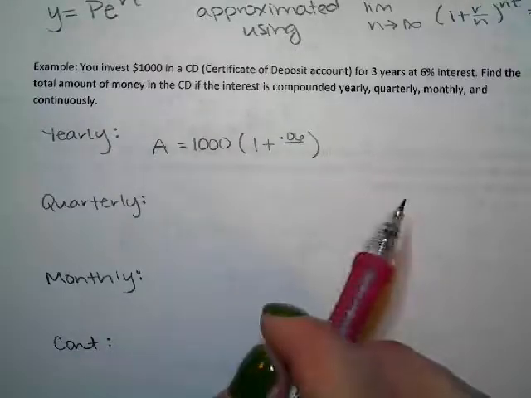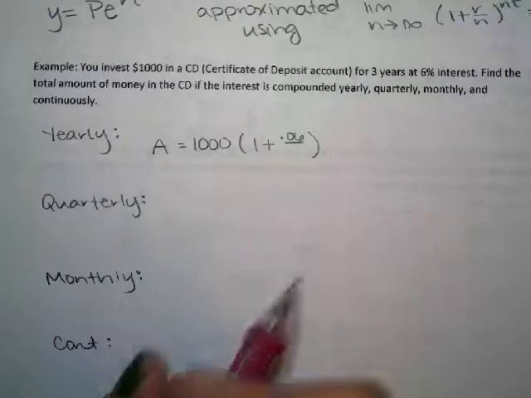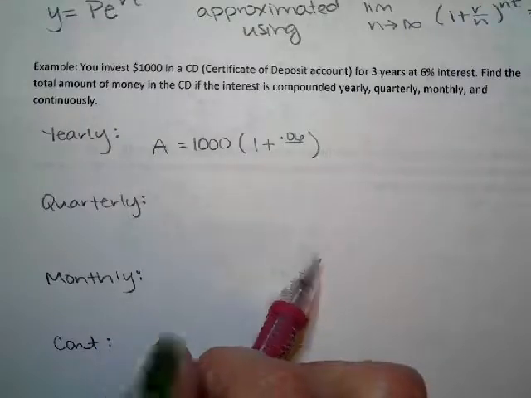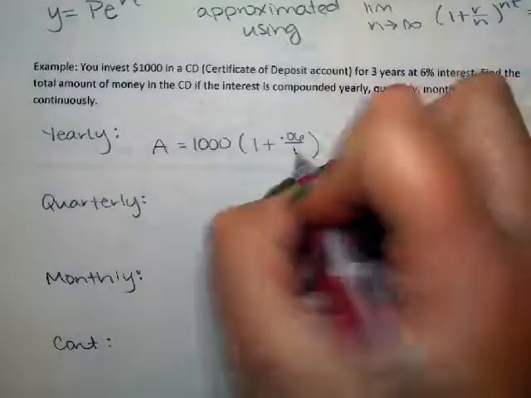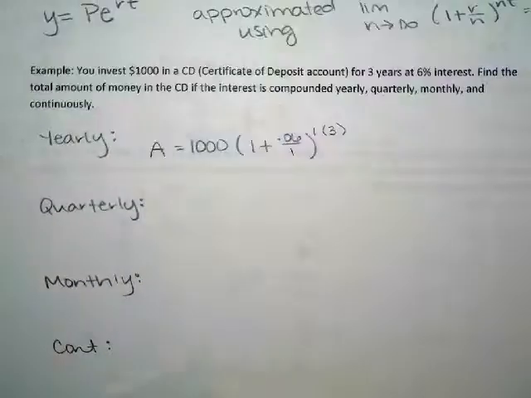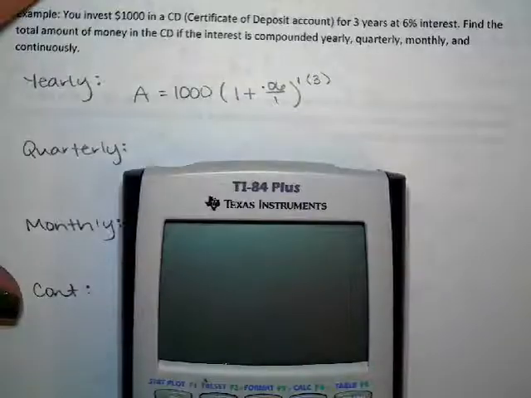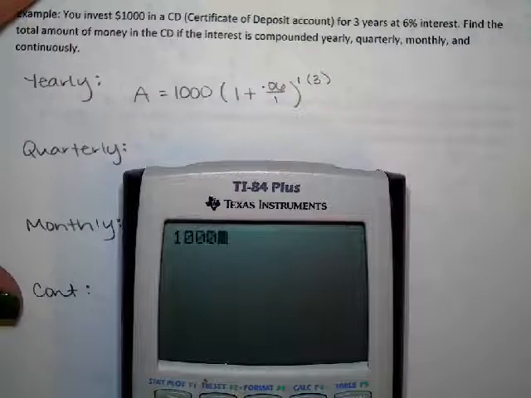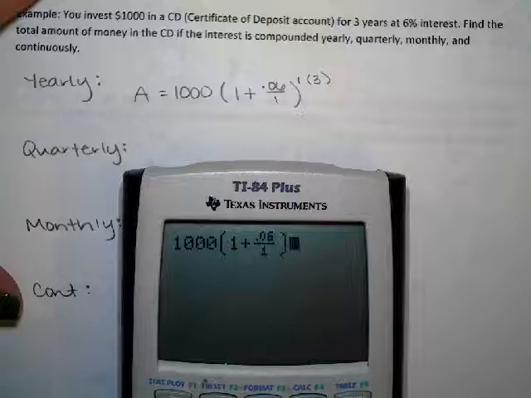So the 1 times 3. Okay, so we're going to type this in. 1,000 times 1 plus 0.06 over 1 to the 1 times 3. Okay, we get $1,191.02.